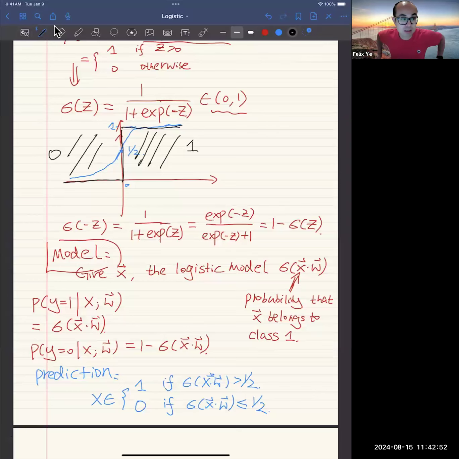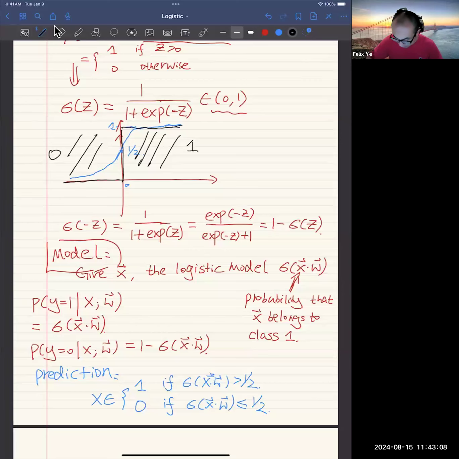This part is very similar to the perceptron, but the difference is that my sigma here is infinitely differentiable, rather than the phi that we had before.